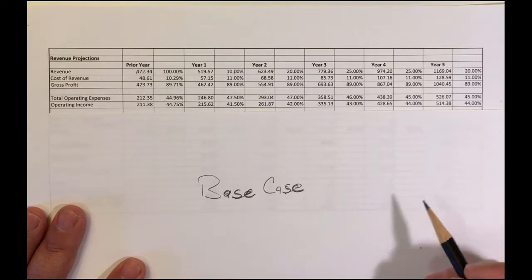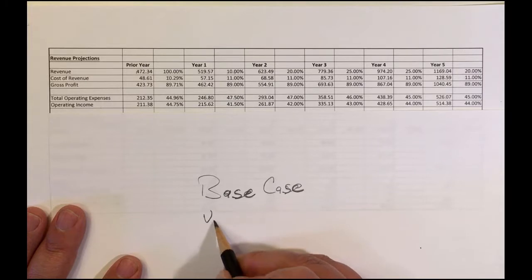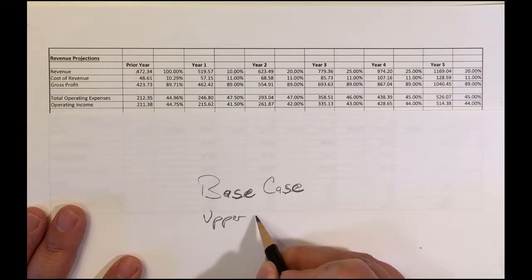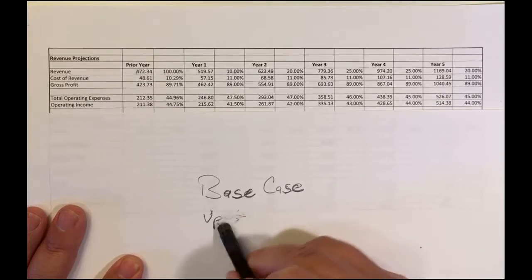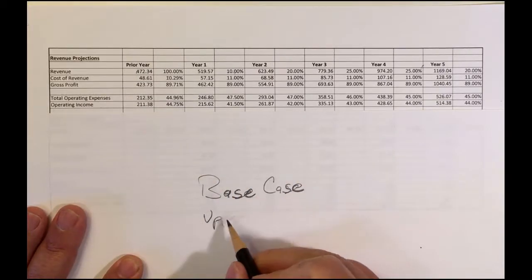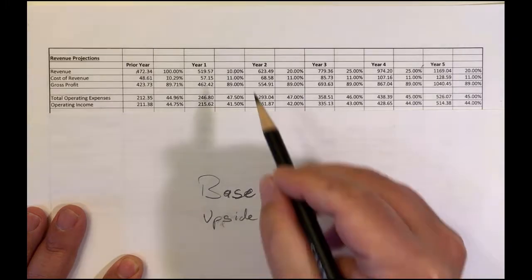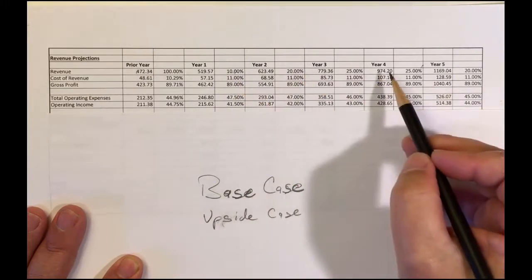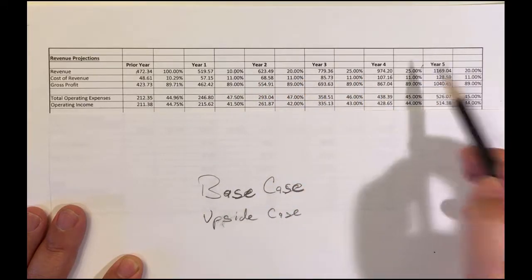Right. So this is the central case, the one that we're all going to assume we're going to work from. But of course, if you asked Kay Sun, she would say, nope, this is a very pessimistic case. There is a much higher outcome case, called the upside case. And that would arise if, in fact, these numbers weren't 10, 20, 25, 25, but maybe 15, 25, 30, 35, right?